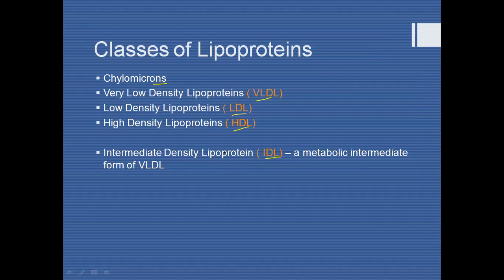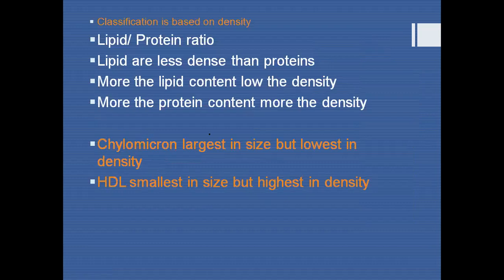Here, the common word in most of the lipoproteins is density. So their classification is actually based on the density, and that density is decided by the ratio of lipids as well as protein in the structure of lipoprotein.